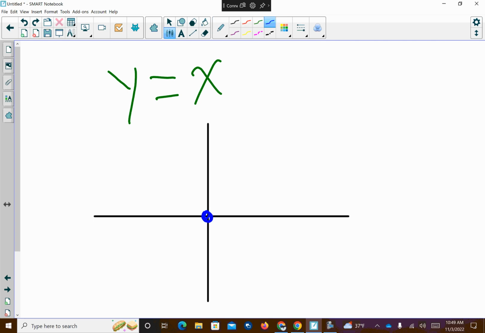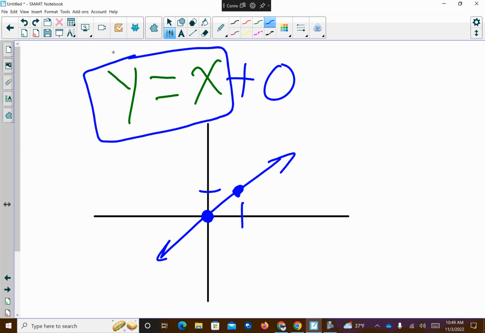All right, my first thing is this. The reason I know that is because I could put plus 0. Then I'm going to go up 1, right 1, and it looks just like this. Friends, I kid you not. This problem right here, in the past, has been the most missed problem on this quiz.